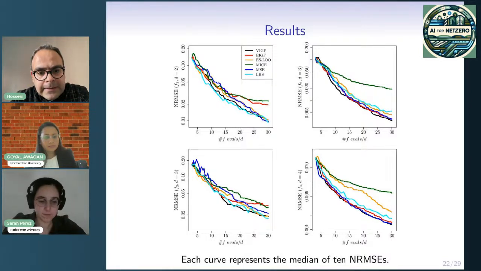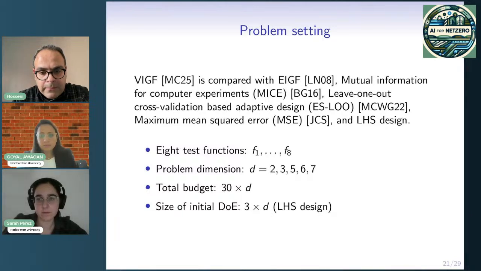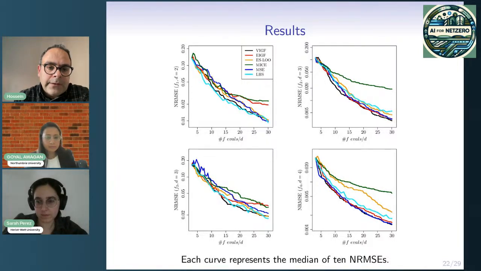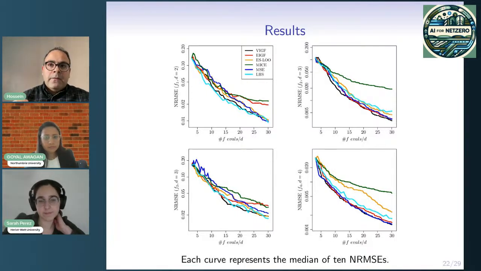On the x-axis, you see the number of function evaluations divided by dimension. It goes from 1 to 30 because the total budget is 30. On the y-axis, I have the normalized root mean square error, which is a measure of the distance between the emulator and the model. Of course, the smaller, the better.